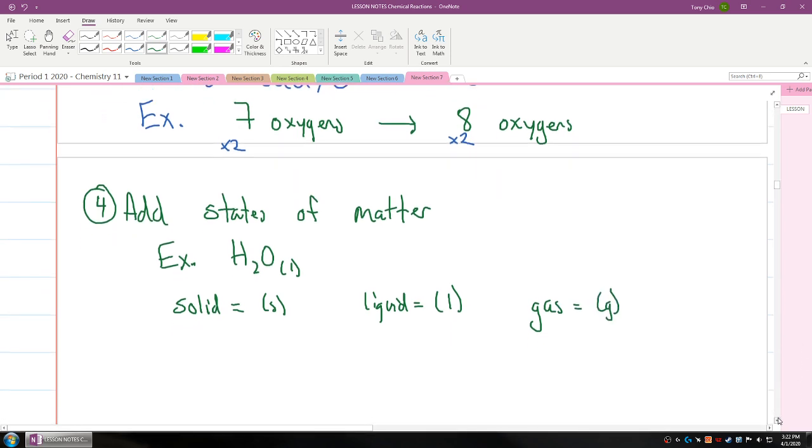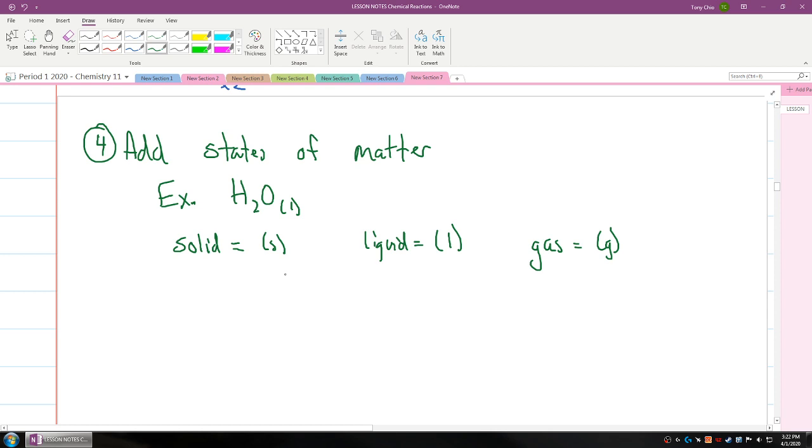But there's actually a fourth state that you need to write, and this is called aqueous. Aqueous is AQ, and it is any ionic solute that is dissolved in water.